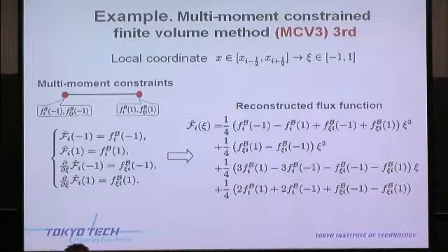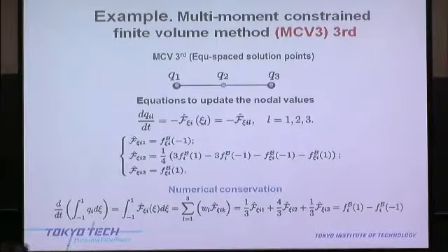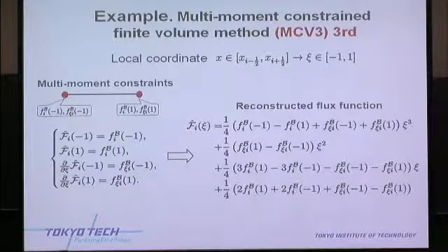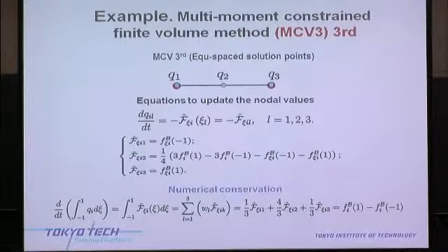So we can directly get the value of this modified flux function at the solution point. Like this, you just know f, and this is the first order derivative of f, which is also a function of the space coordinate. Then you just put these values in this interpolation function, and you get an explicit formula to update this one.